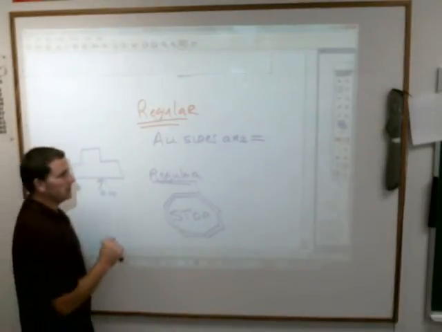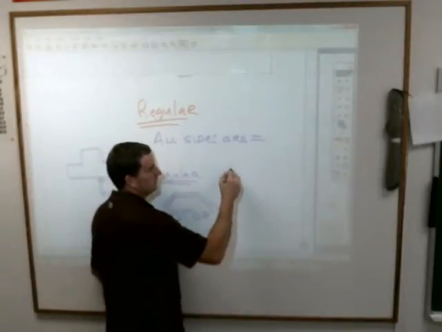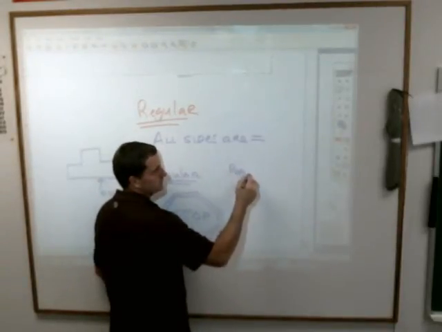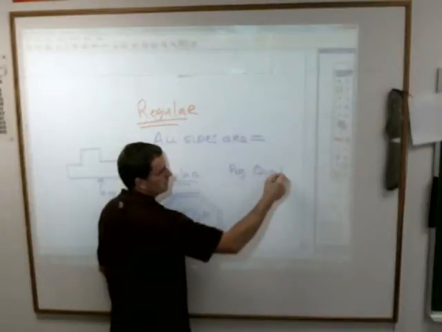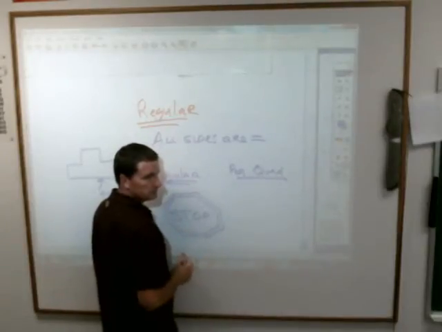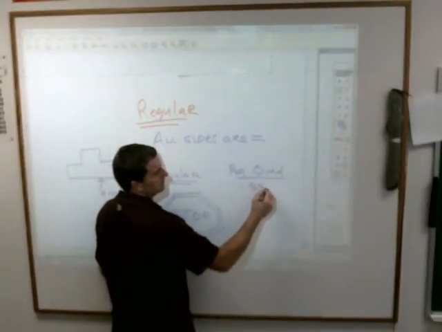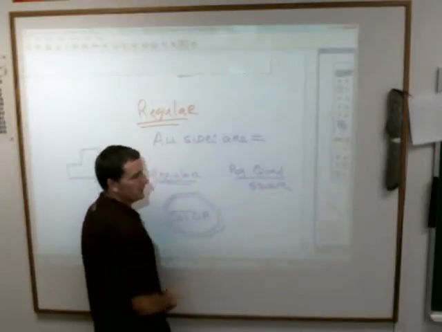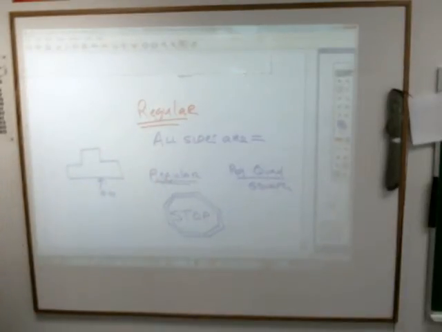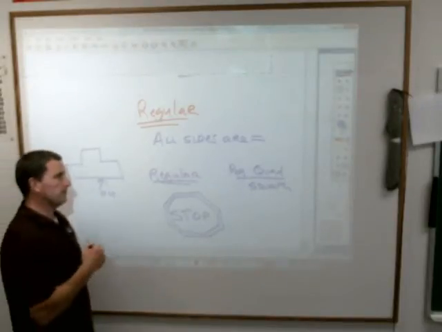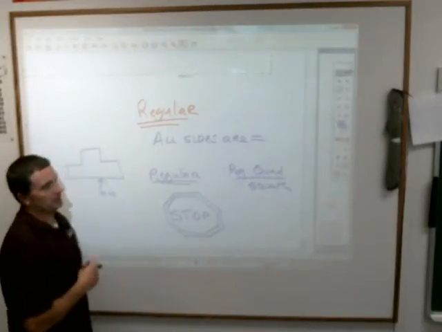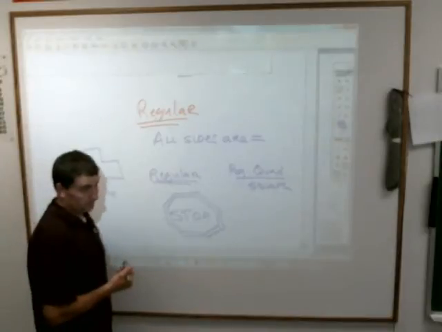Just like what we call a regular quadrilateral. What is a regular quadrilateral? A square, because that's by definition what a square is. It's four-sided, all sides are equal. By definition, a rectangle could be regular, but then we would call it a square.